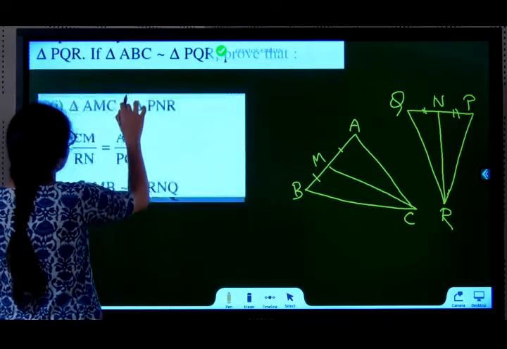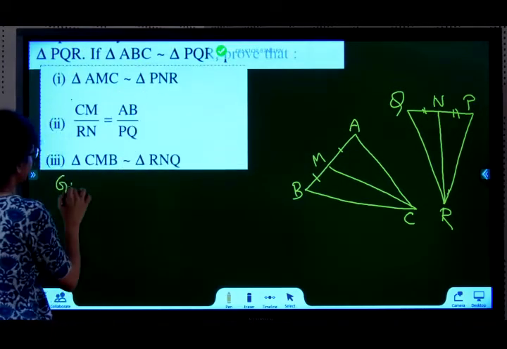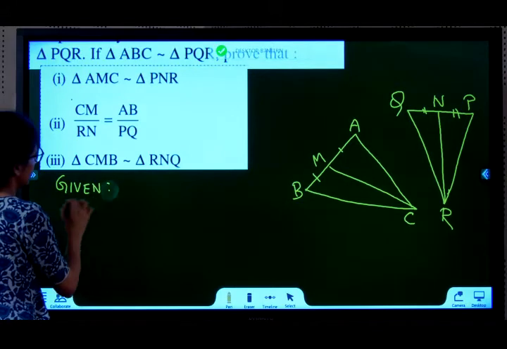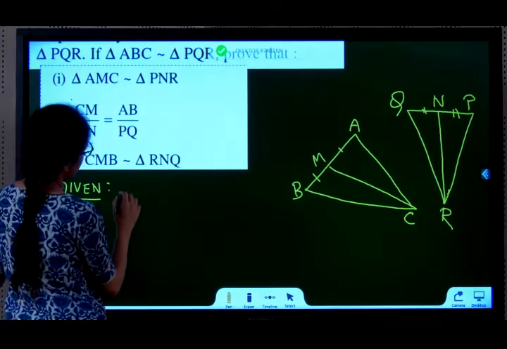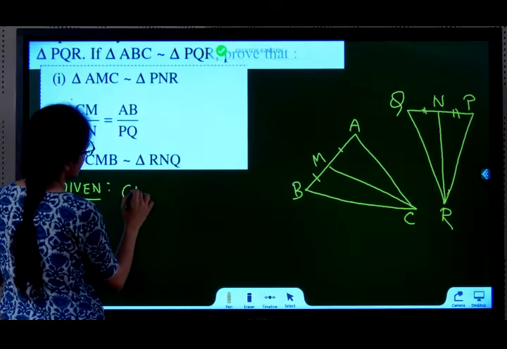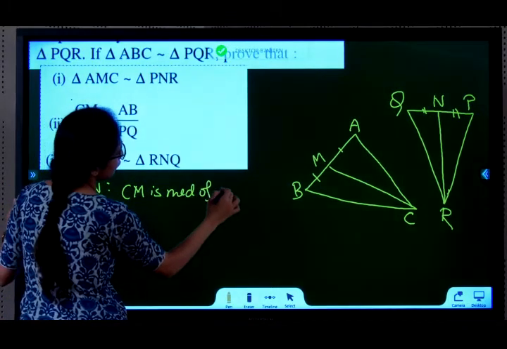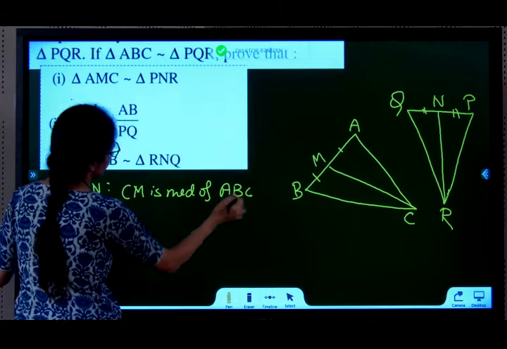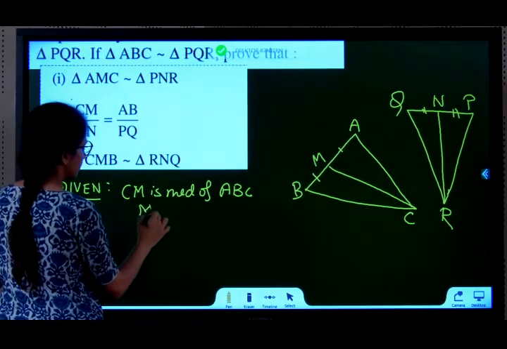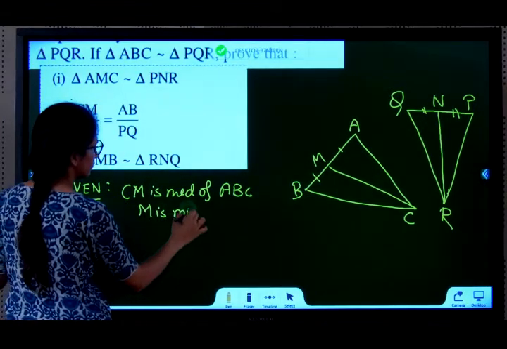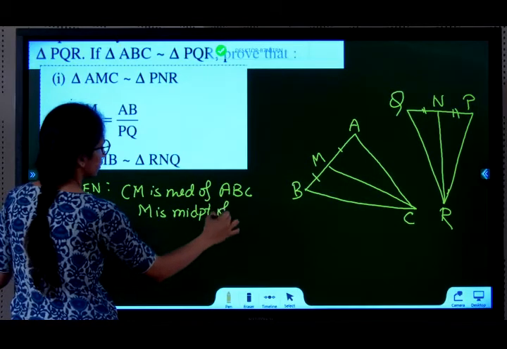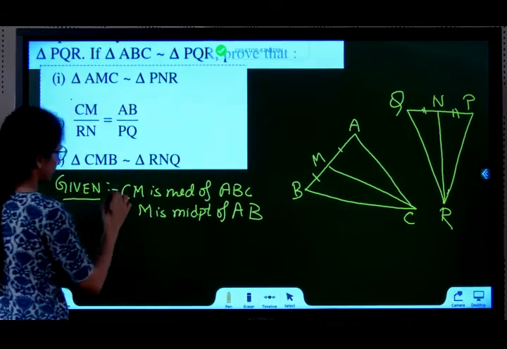So, first let us write all the givens. It is given that CM is median of ABC. So, can I say M is midpoint of AB? Yes, I can.